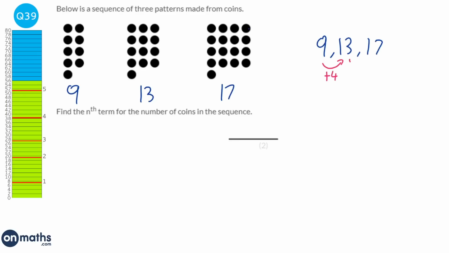So we're adding 4 each time. And that means our sequence will involve 4n. And then what we do is we go backwards 1 to find the 0th term. So 9 take away 4 is 5. So the 0th term is 5. And the 0th term just tells us what to add on to the 4n. So 4n plus 5 will be our answer.